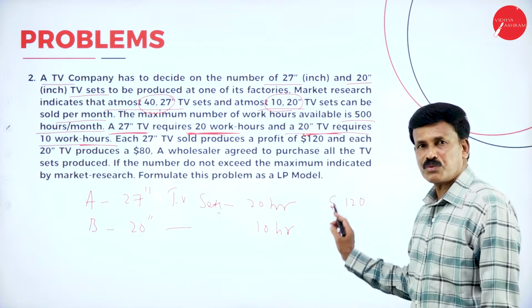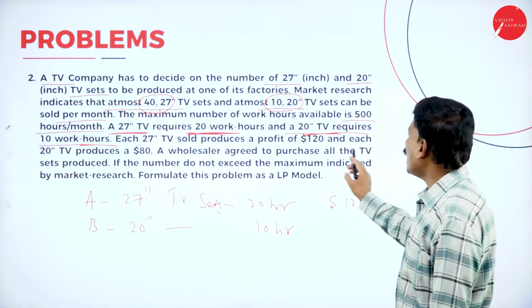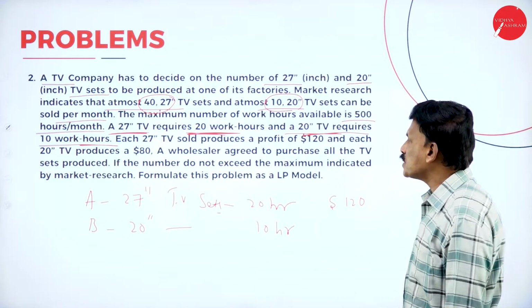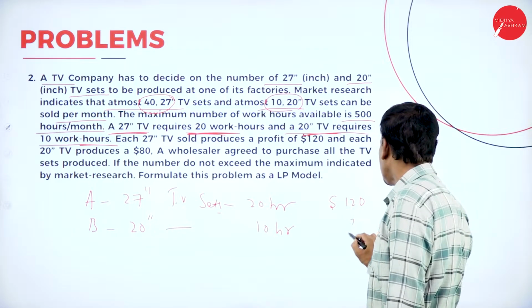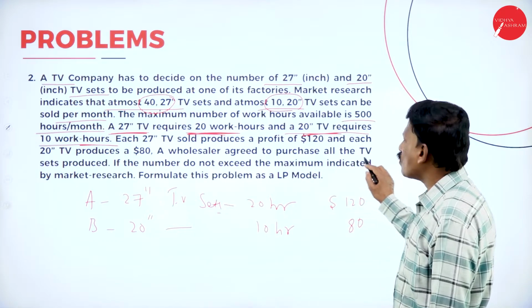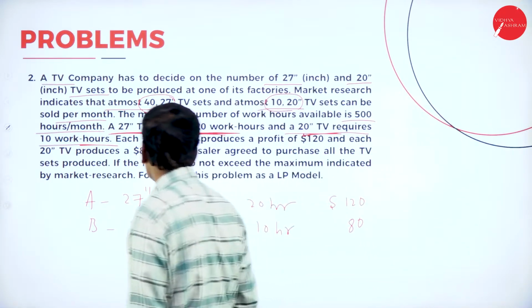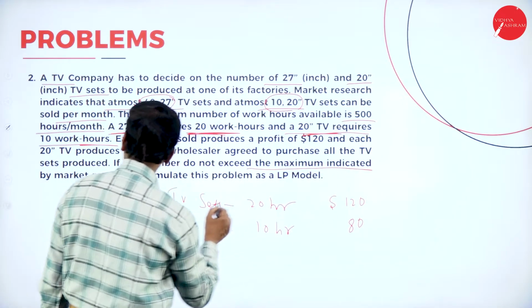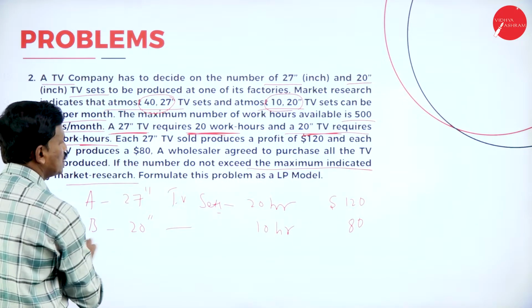The profit for product A is 120, and for product B, the 20-inch TV, the profit is $80. A wholesaler agreed to purchase all the TV sets produced if the numbers do not exceed the maximum indicated by the market research.